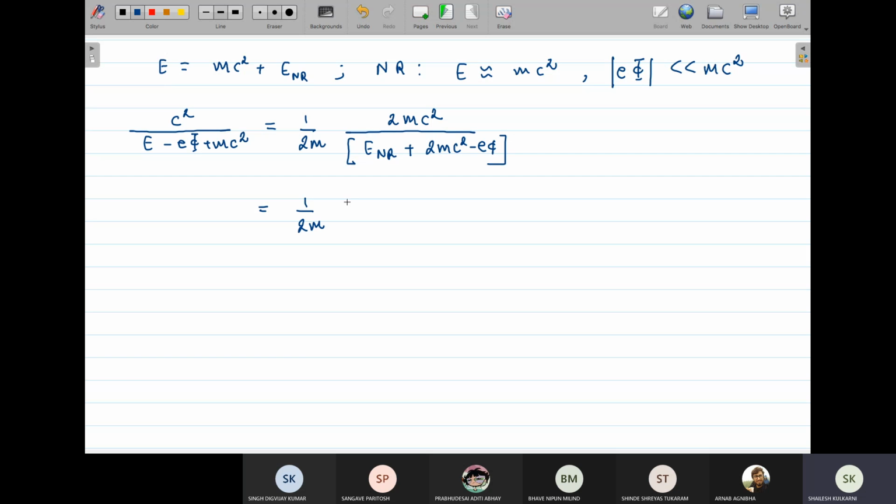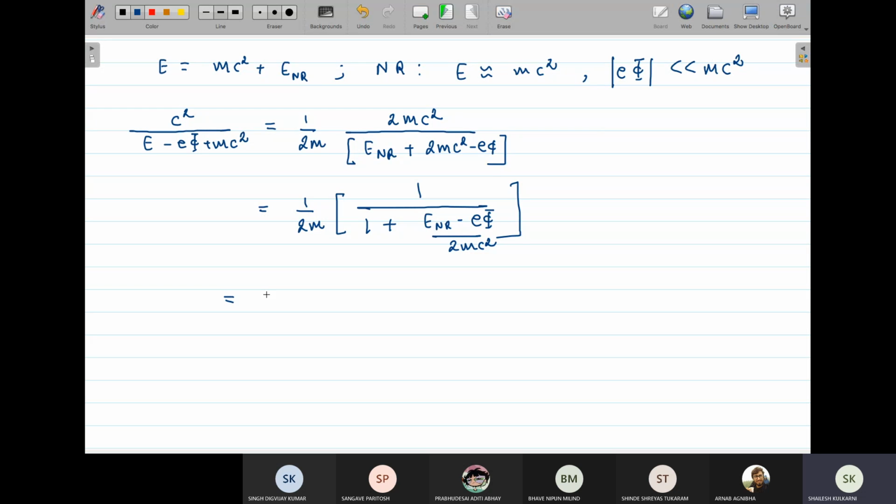The 2mc square I can divide out, so I will get 1 over 1 plus ENR minus e phi, divided by 2 mc square. And in the non-relativistic limit, this is much smaller than this. So now I can expand this denominator. This entire thing I can expand.